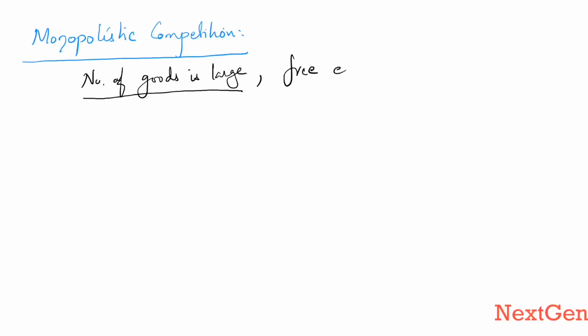Now, what is monopolistic competition? In monopolistic competition, the number of goods available in the market is large, and there's also a condition of free entry into and exit from the market. But the goods that are sold by the firms are not homogeneous.